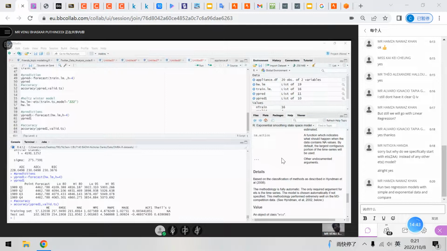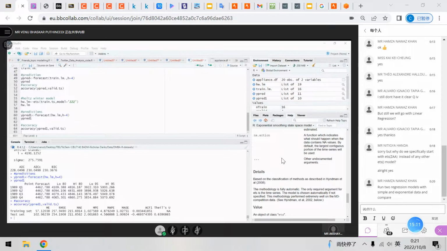So, with a change in the hyperparameters for the Holt-Winters model, the error metrics are likely to go to zero. That's enough. That should suffice. Is that good? No. Can you explain that please again?